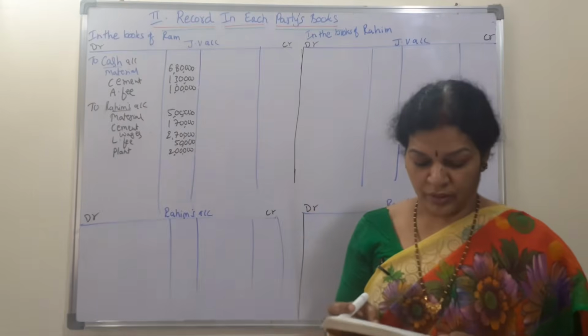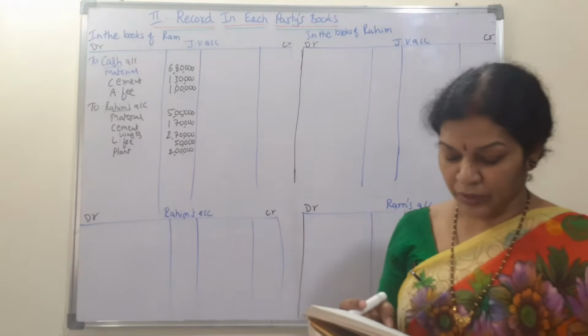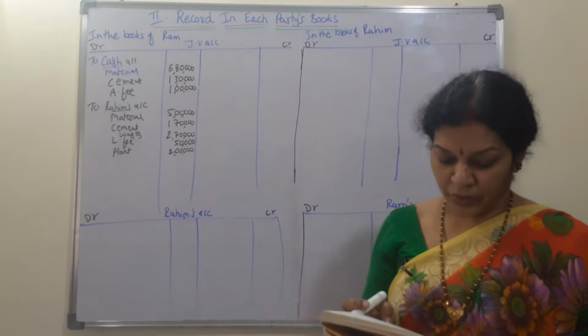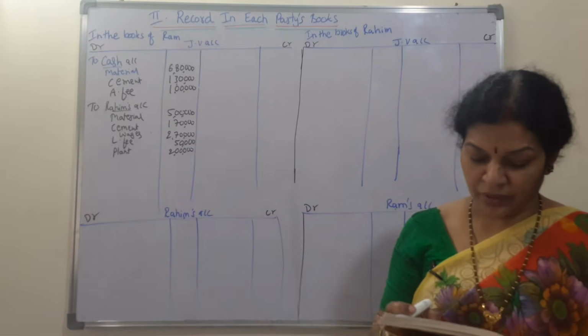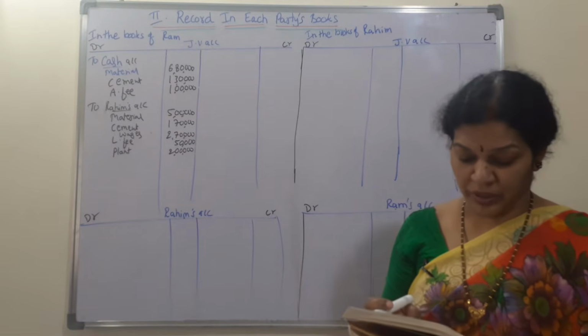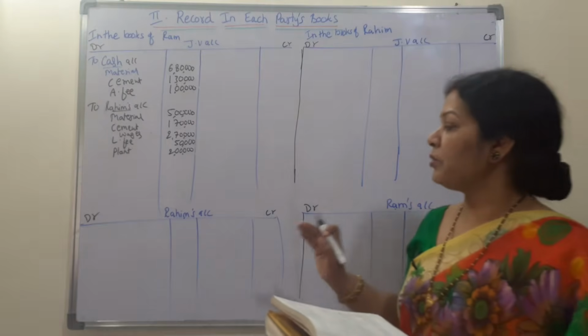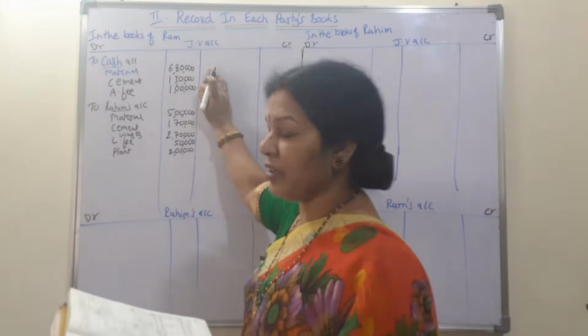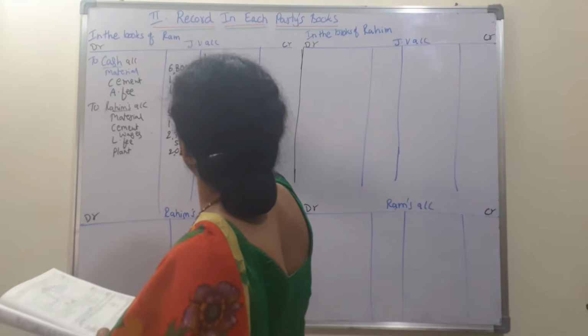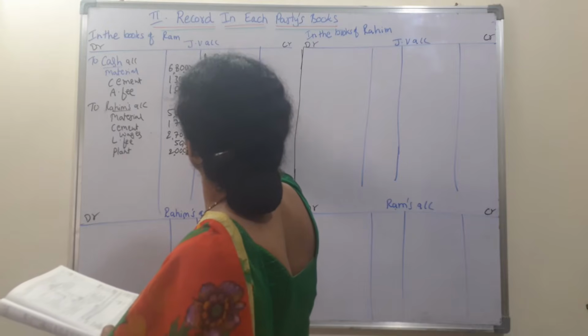Expenses are over, and at the end they are saying the plant was valued at 1 lakh at the end of the contract, and Raheem agreed to take it. When Raheem wanted to take it, Raheem's account is credited.